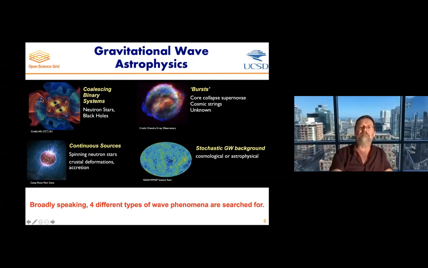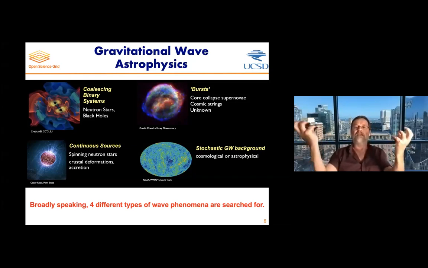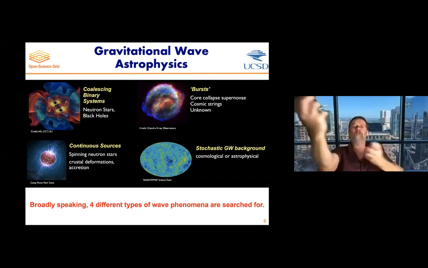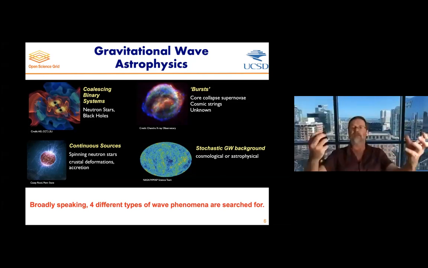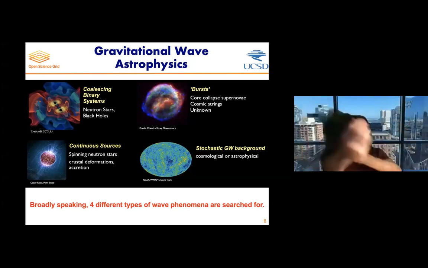And the ones that have been seen are coalescing binaries. What you should think of here, imagine two very, very heavy objects. They are building a binary system that circles around each other. And as they send off energy in form of waves, they spiral in ever closer, and then in the end collide.